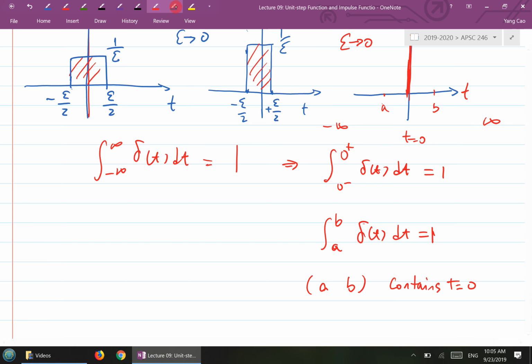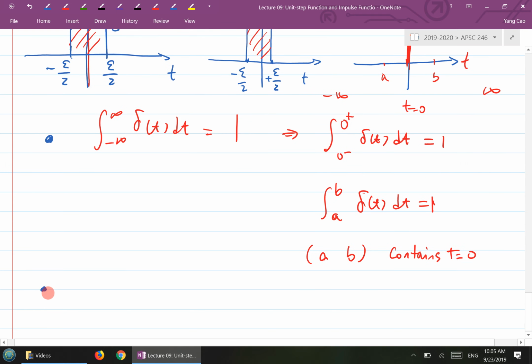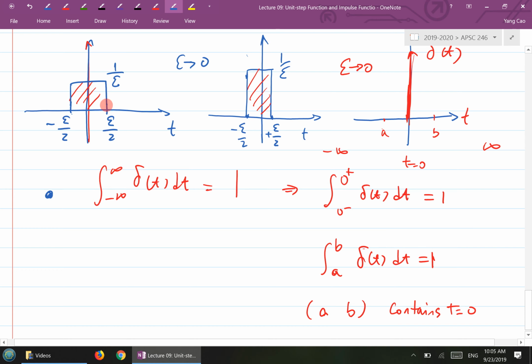Good. So let's call this a comment here, and this is one of the comments. Another comment, based on what we just did: we started with the box symmetric about t equal to 0. And it doesn't matter how small epsilon is, your box will still be symmetric about t equal to 0.